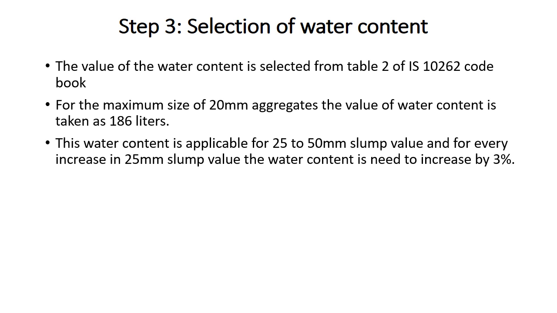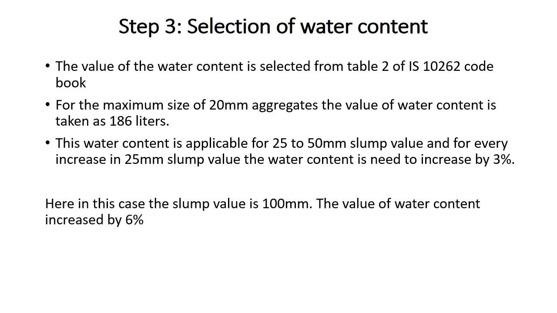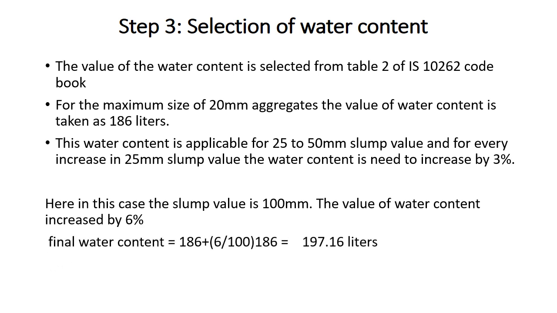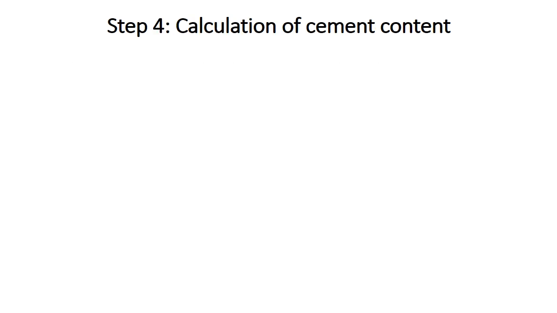For every increase of 25 mm slump, the water content needs to increase by 3%. In this case the slump value is 100 mm, so we get an increase by 6%. Final water content will be equal to 186 plus 6 by 100 into 186. So we'll get a value of 197.1.